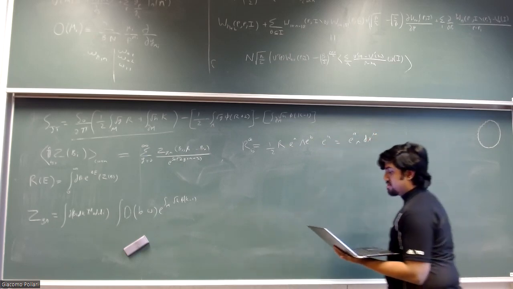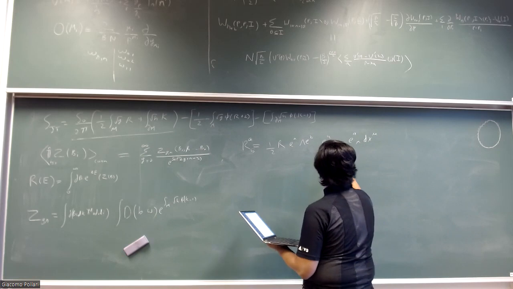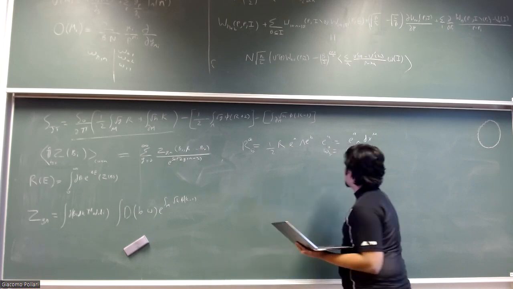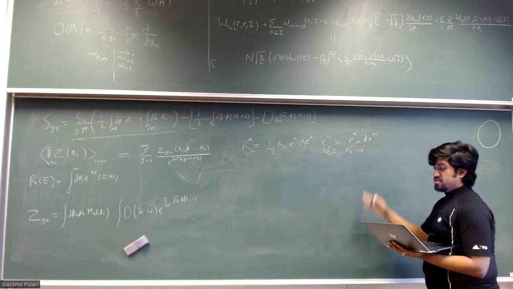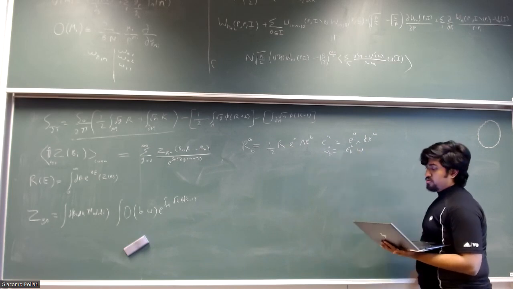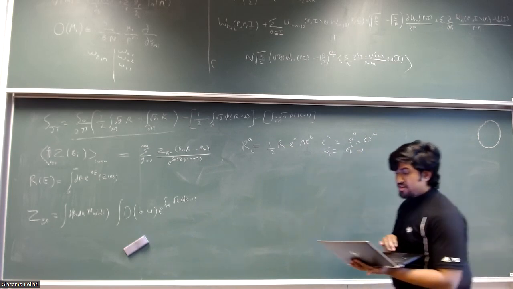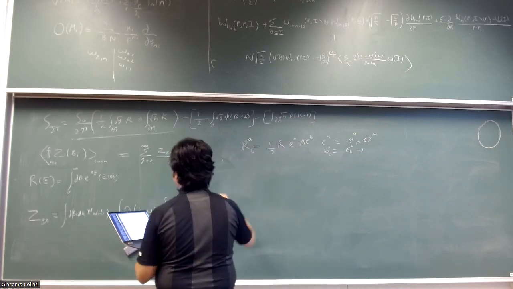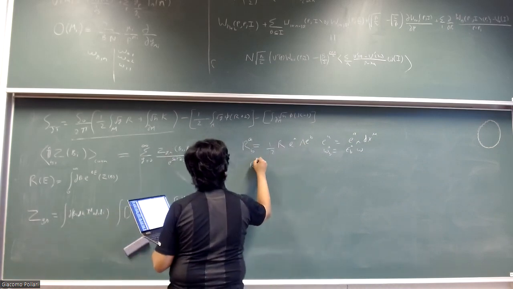e^a is given by this, then for the spin connection we have some omega. Once you have it, the indices are raised and lowered by this delta. Now R^{ab} has a similar construction.